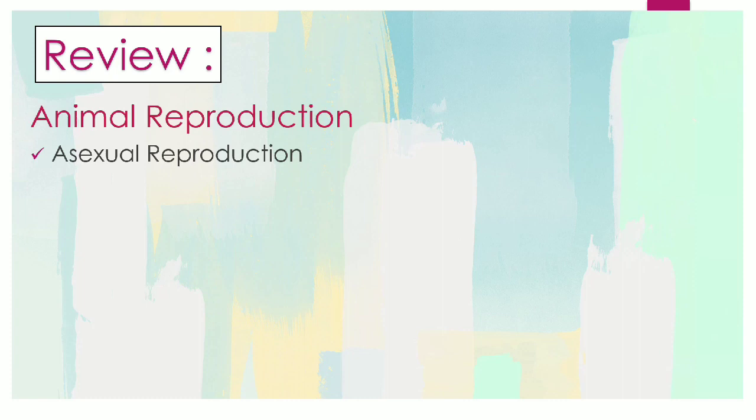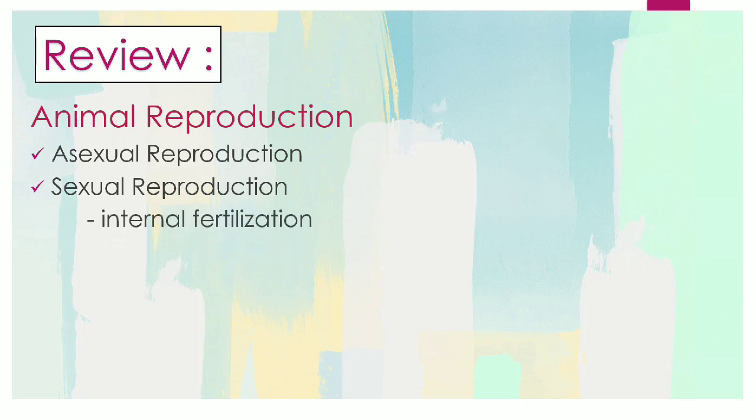The second type of animal reproduction is sexual reproduction. Sexual reproduction involves the coming together of two gametes, and there are two types of fertilization. First one is internal fertilization, that is inside.